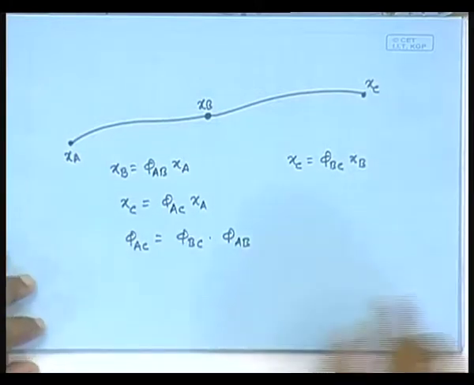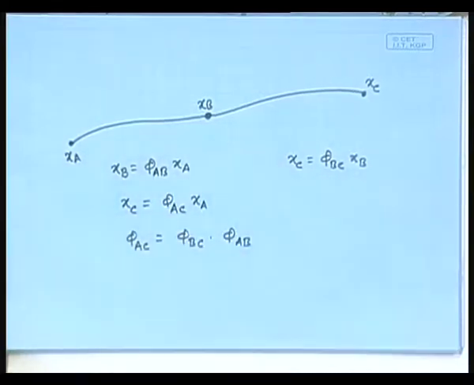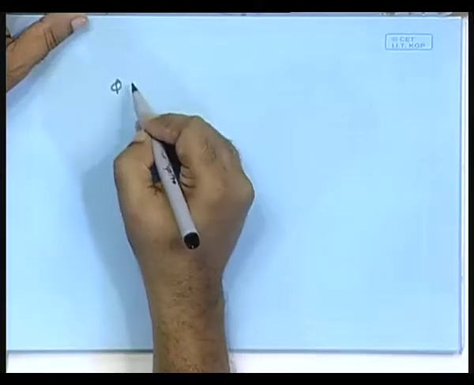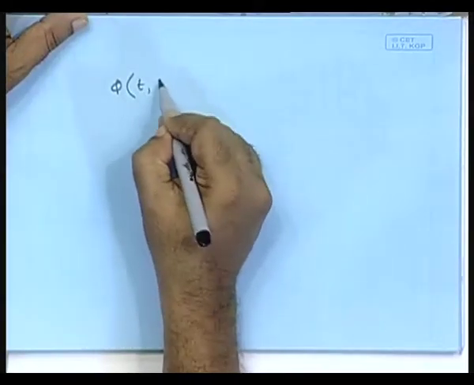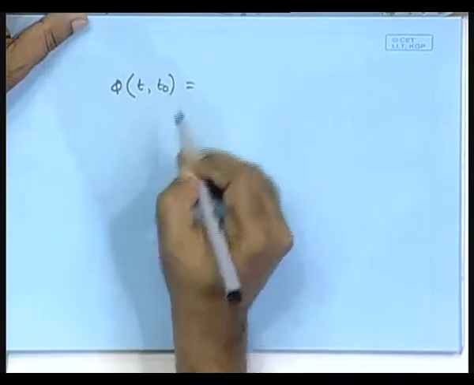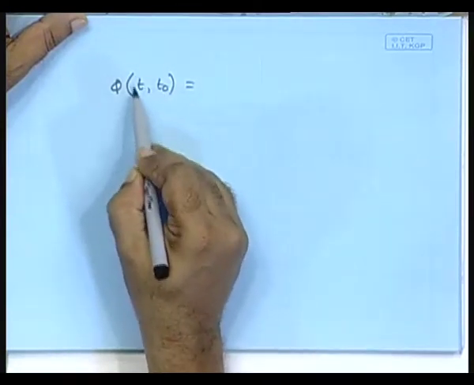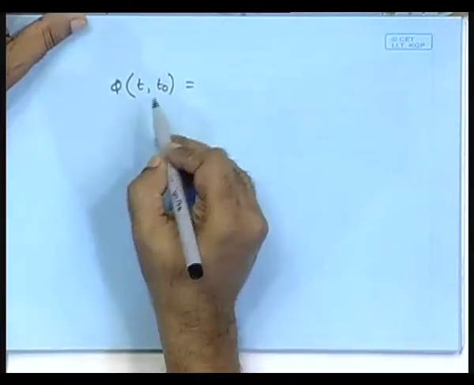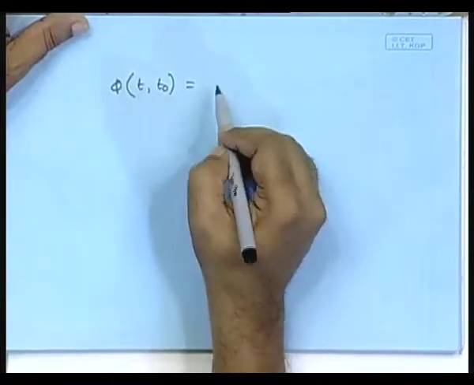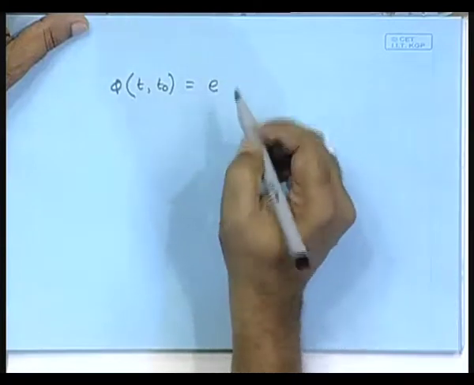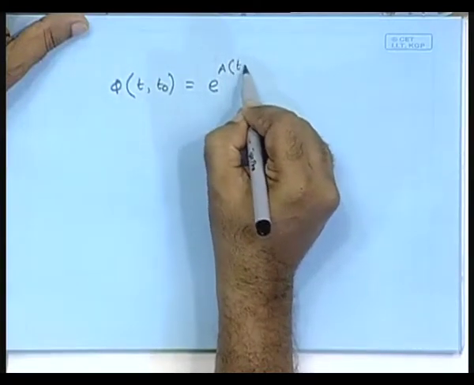Now, these state transition matrices, what are these? If the system is linear time invariant, LTI, then your phi, starting from t naught, flight over a time from t naught to t, will be the exponential matrix e to the power A times t minus t naught.